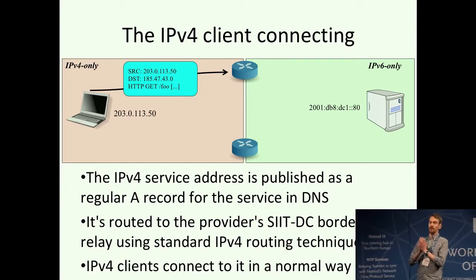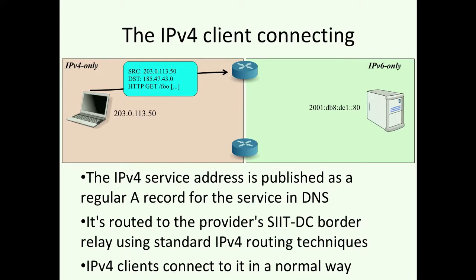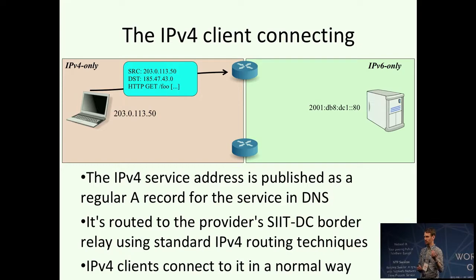So the client would typically just look up in DNS what is the IPv4 address of the website or whatever I'm visiting today. And he will get back a public v4 address. That public v4 address gets routed to one of these border relays. And that's standard routing. It's BGP or OSPF or static routing, whatever you prefer.